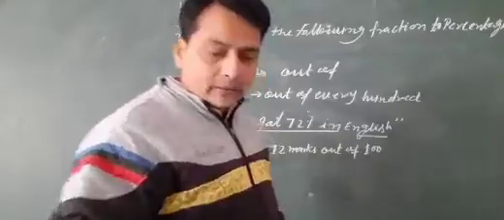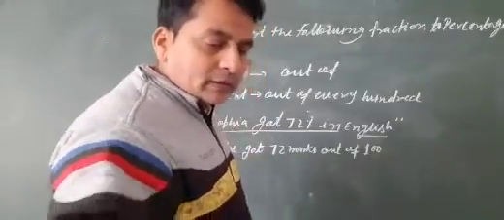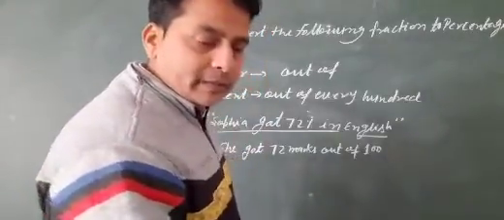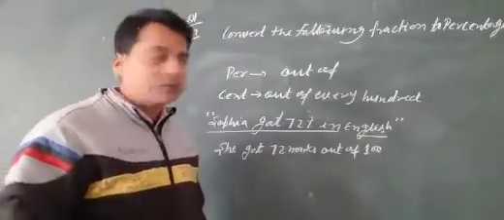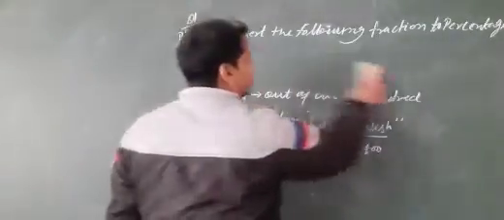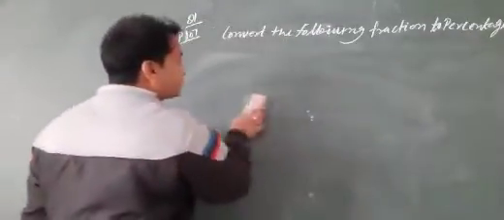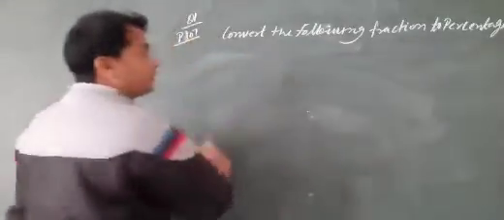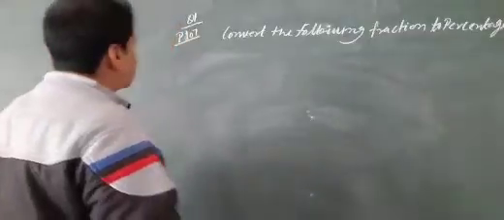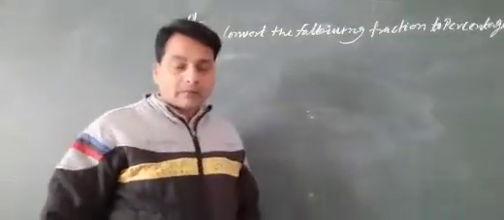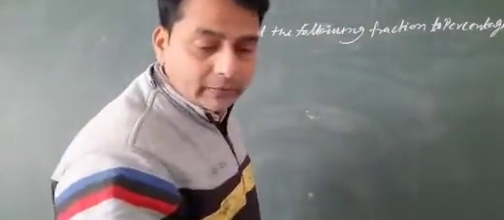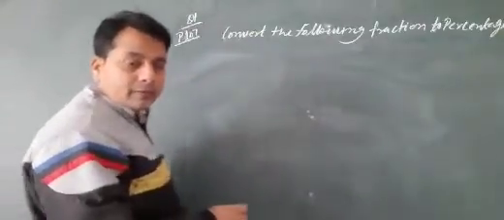Now we will discuss the numerical problems based on exercise 8.2. The first question: convert the following to percentage. Question number 1, page number 107. The first is 1 by 2.